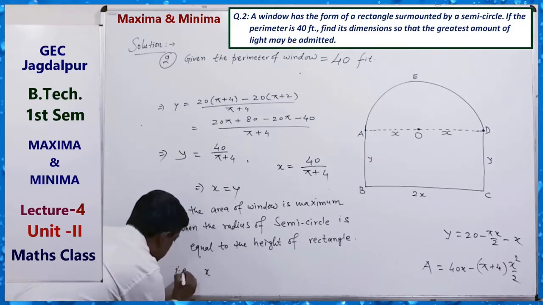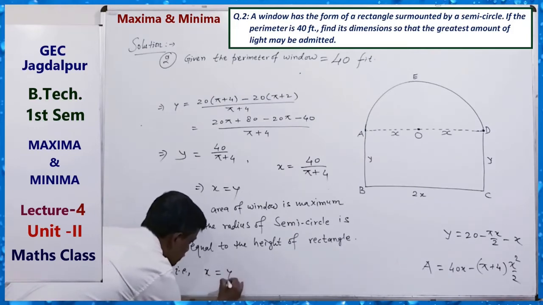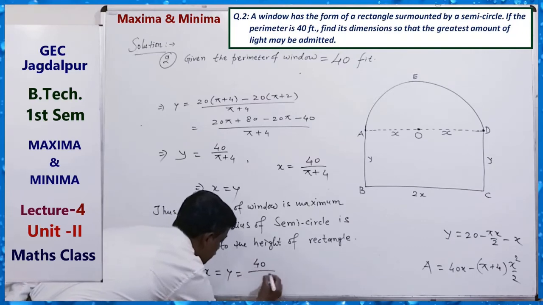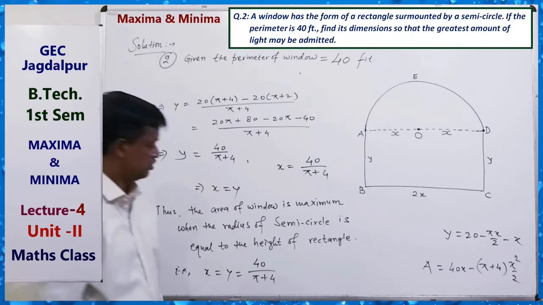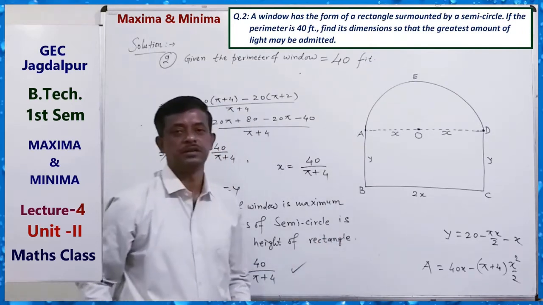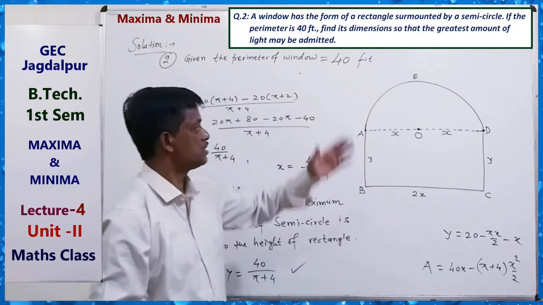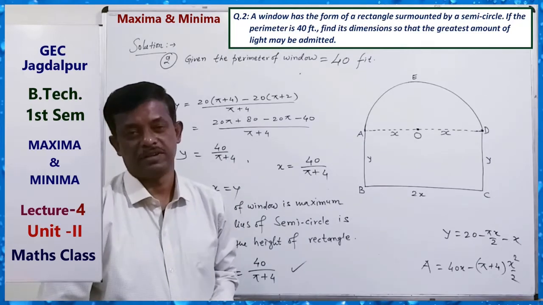That is, dimensions are x equal to y equals 40 upon pi plus 4. So this is the dimension.